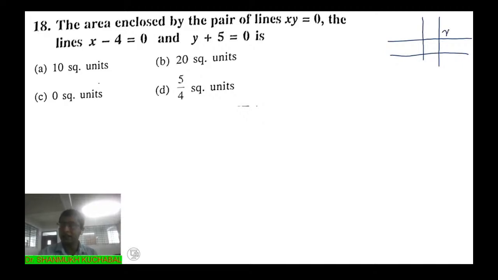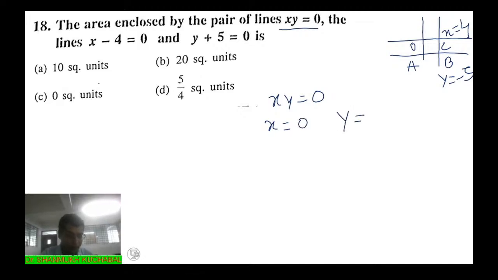Here the intersection, I take x equal to 4, so this is point C, and this is O, the intersection, and then below is A, and then B, and here the y coordinate is minus 5. Further we observe that it is given xy equal to 0, we'll take that. So first factor equated to 0, x equal to 0, and second factor equated to 0, y equal to 0. Therefore this is the origin.